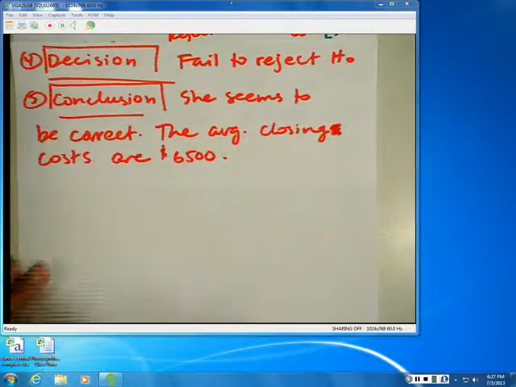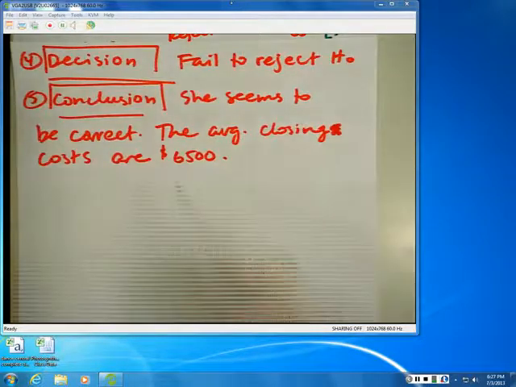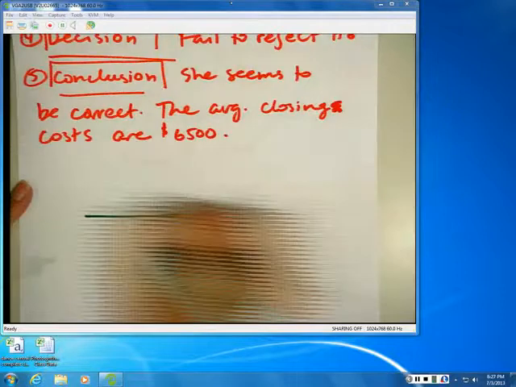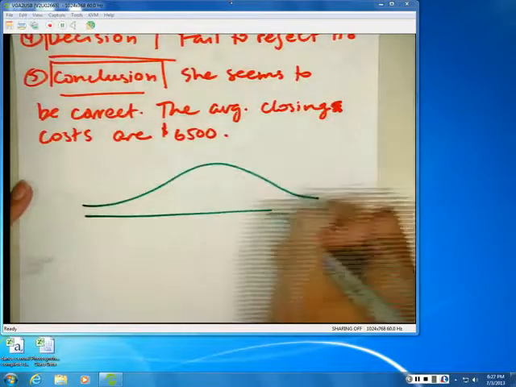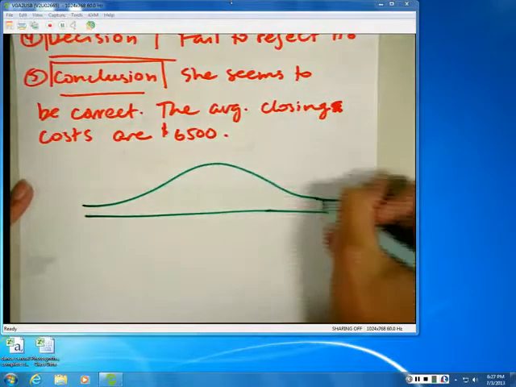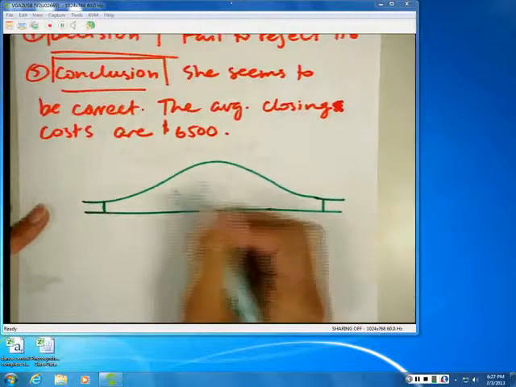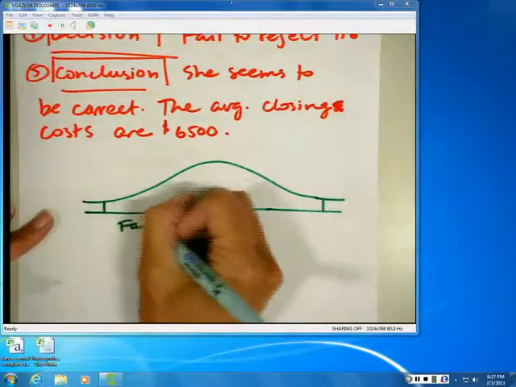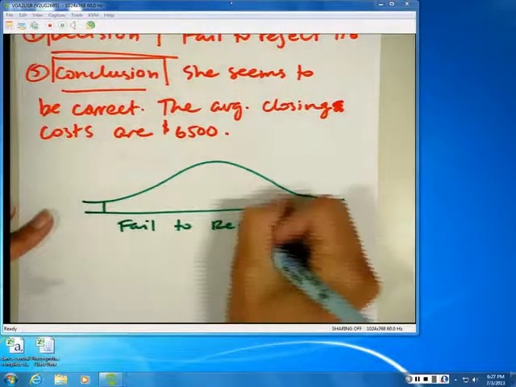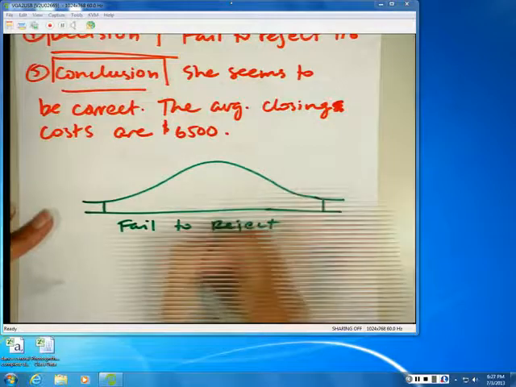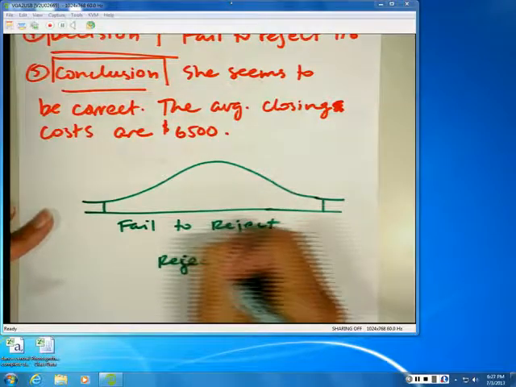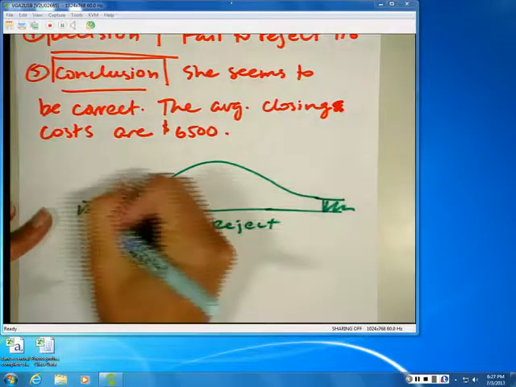I want to state one more thing about those rejection regions. I'm going to give you an example of a two-tail test here again. It all boils down to, we had fail to reject, right? So this is fail to reject. And then reject is in our tails. Reject, reject.